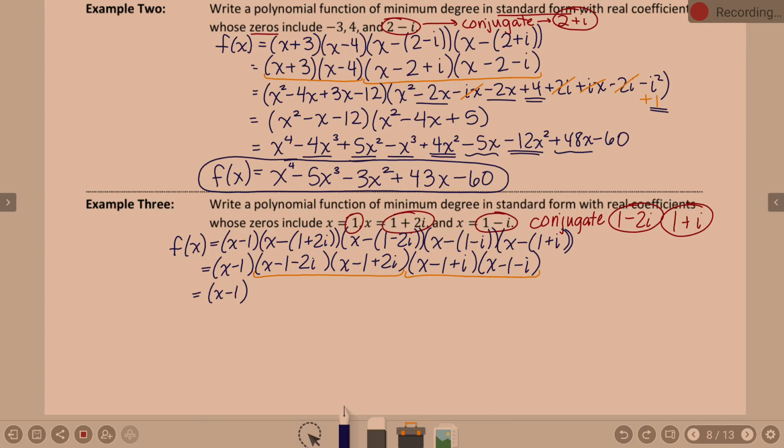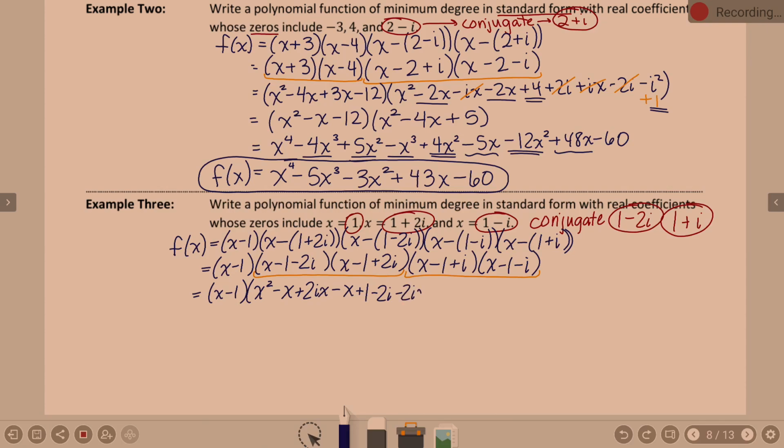So I'm going to start by distributing the x. x times x, x squared, minus 1x, plus 2ix. Then I'm going to distribute my negative 1. Minus 1x, plus 1, minus 2i. Then I'm going to distribute my negative 2i.